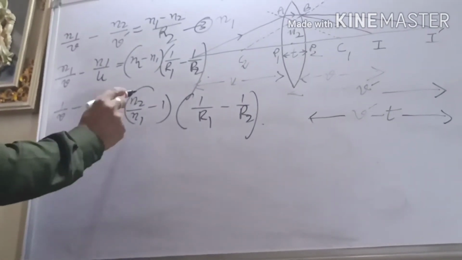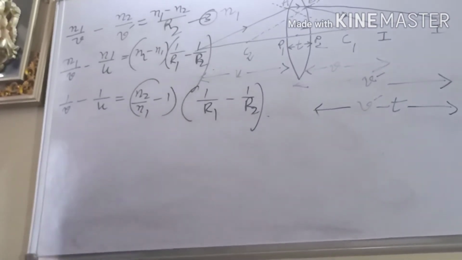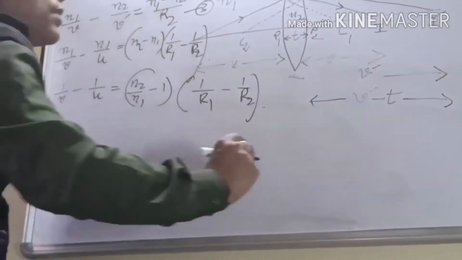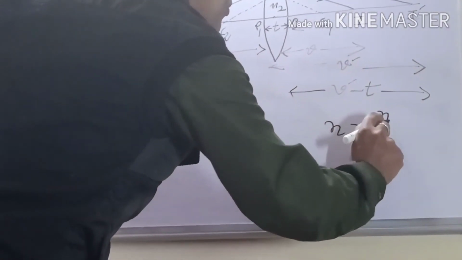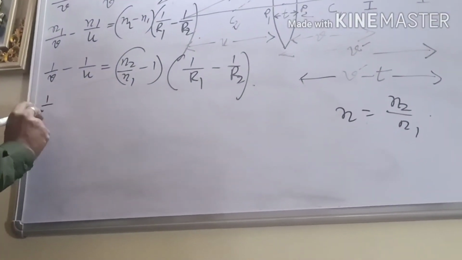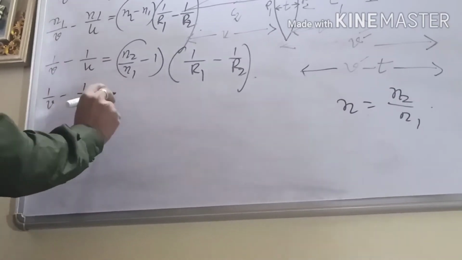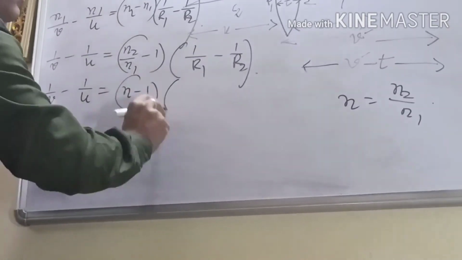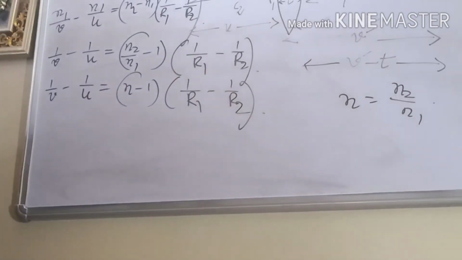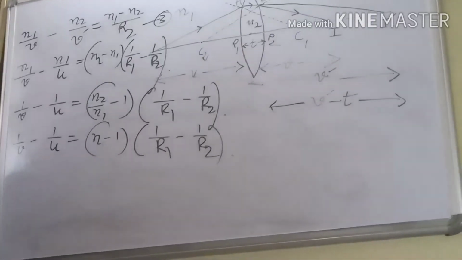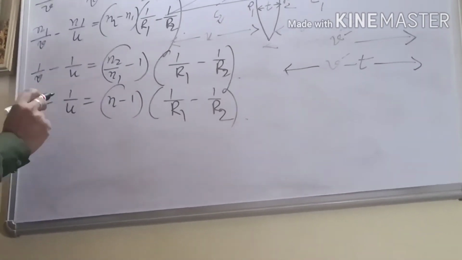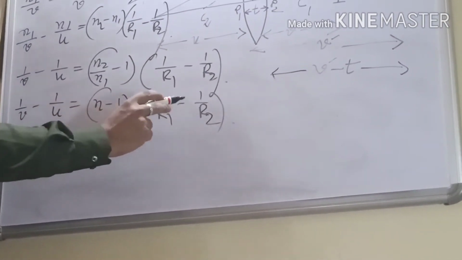Now N2 upon N1 you may recall, this is nothing but refractive index of the second medium with respect to the first medium, and this can be written as just n. n is equal to n2 upon n1. So that way we get 1 upon v minus 1 upon u is equal to n minus 1, 1 upon r1 minus 1 upon r2.